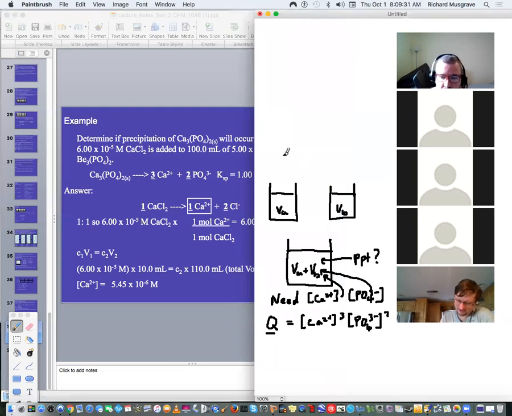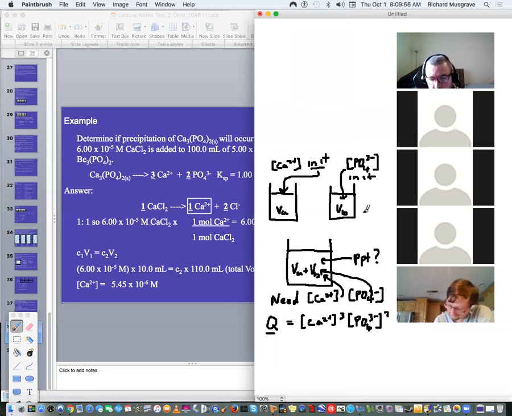Now, initially, we'll have a concentration of Ca2+, which I'm going to call initial, in here. And in the other one, we'll have a concentration of phosphate that's also initial, which is obviously going to be different to the concentrations that we get down here that are final. These are final concentrations.